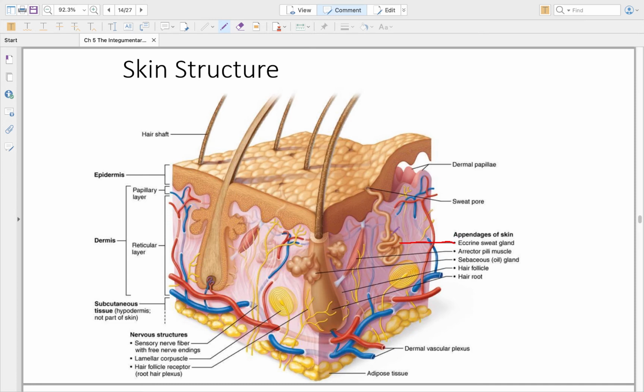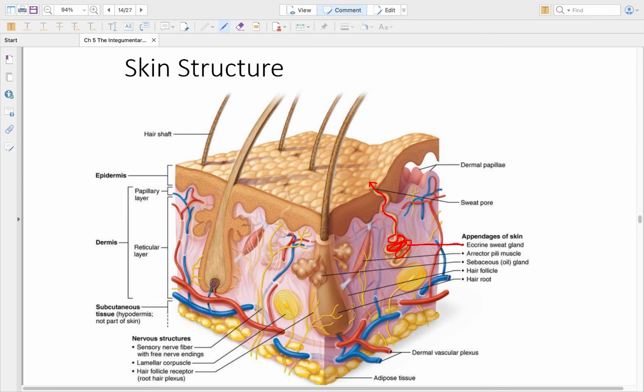It's a knobbly, twisted, convoluted tubule, and it allows sweat to exit through the sweat pore. Okay, next is the hair root.